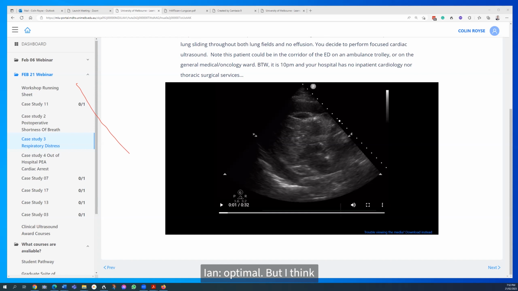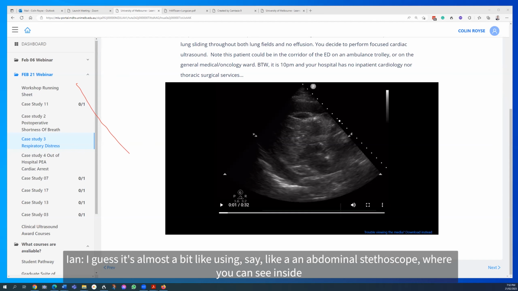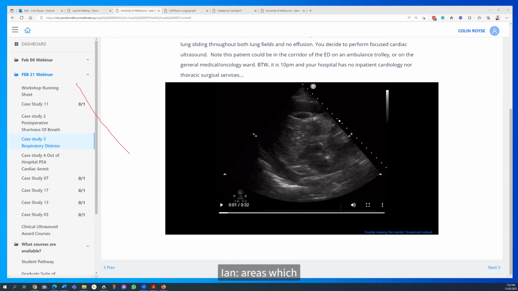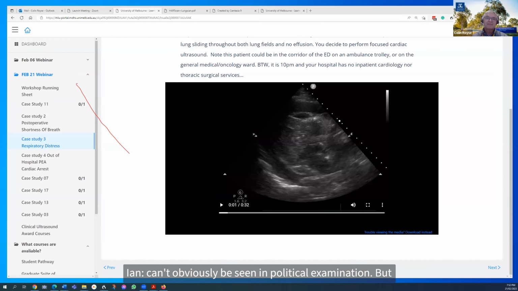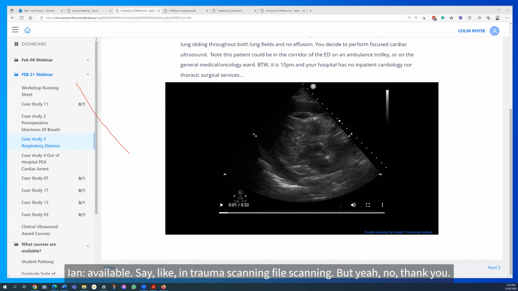But when you have a shortage of skilled practitioners in ultrasound, it's almost a bit like using an abdominal stethoscope, where you can see inside areas which can't be seen in clinical examination. If you've got increased access to it and a lack of practitioners in areas like cardiology or radiology, then it's important that point of care usage is available, say like in trauma scanning, fast scanning. But yeah, no, thank you.